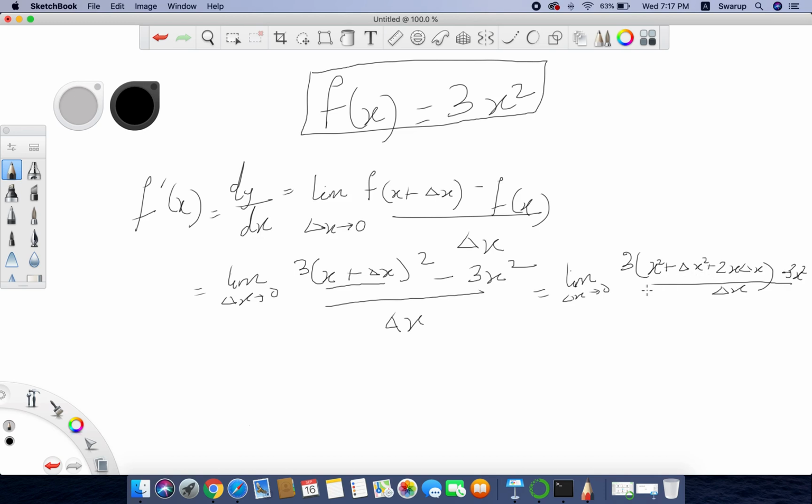So we have just broken it down to a plus b square, which is a square plus b square plus 2ab, minus 3x square, divided by delta x.